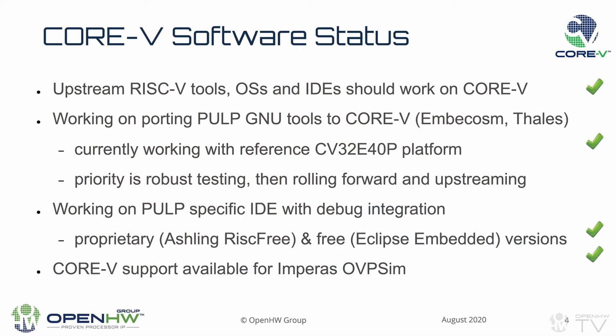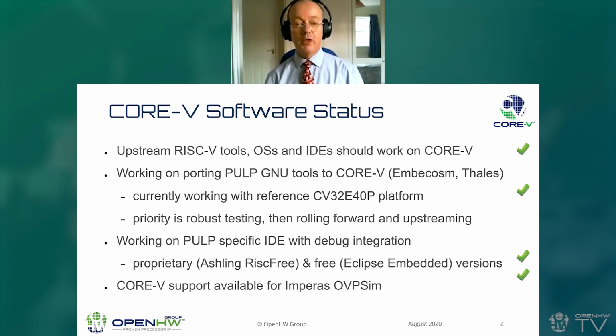Lastly, where are we on this? Well, the good thing is Core5 is a RISC-V. So you can just take standard RISC-V tools and operating systems and IDEs, and they should just work fine. But we want to take advantage of Core5.